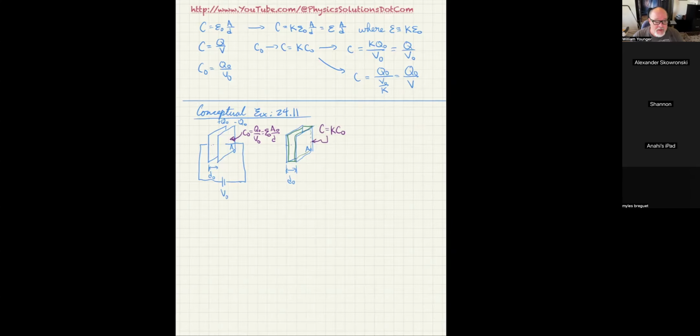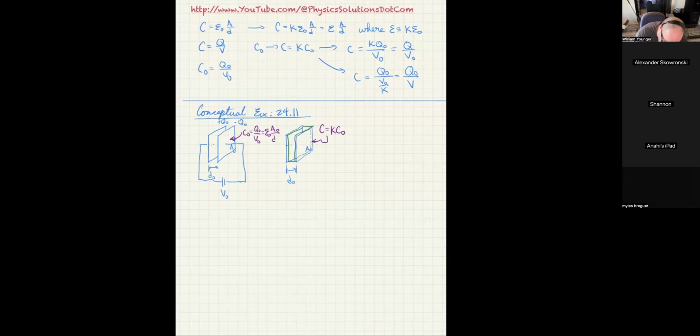And it says an air-filled capacitor C0 consisting of two parallel plates separated by a distance, I changed the distance to D0, is connected to a battery of voltage V0 and acquires a charge of Q0. While it is still connected to the battery, a slab of dielectric material of K equals 3 is inserted to fill the space between the plates of the capacitor. Will Q increase or decrease?